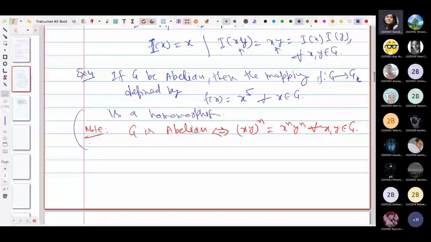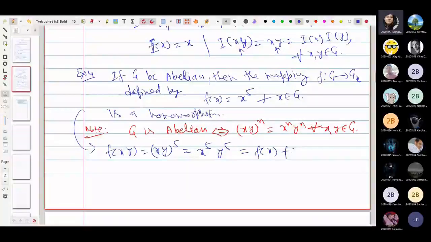Fine. So from here we have f(xy), and because G is abelian, we must have x to the power 5 times y to the power 5, where x to the power 5 is f(x) and y to the power 5 is f(y).